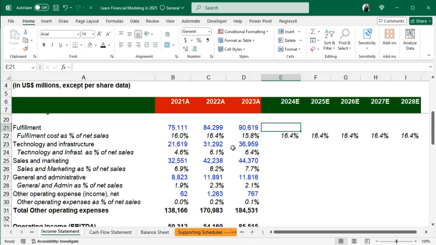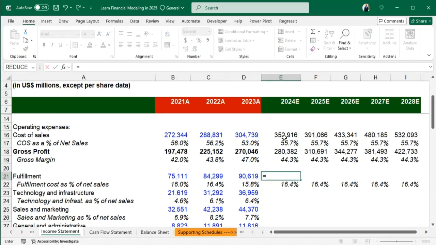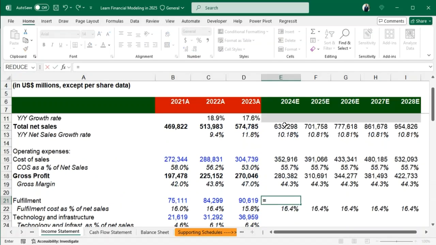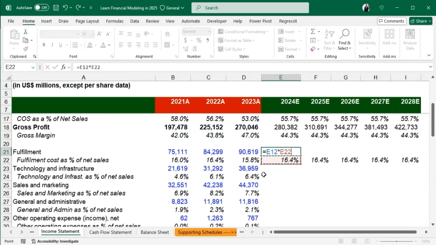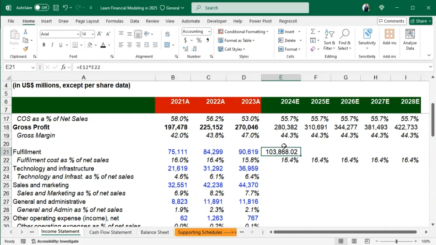And then with this, I can also estimate my fulfillment expenses. So that's going to be equal to a percentage of our sales. So I have this multiplied by the percentage here, and that is giving me that. And this looks quite huge, which means that the maximum percentage we have taken is actually not the most appropriate.